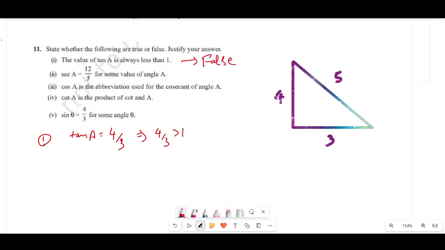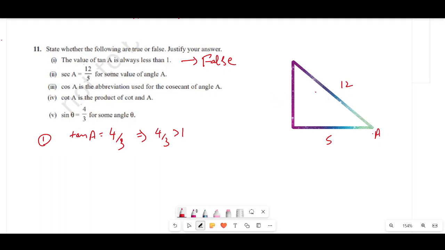Now if you take sec A equal to 12 by 5, if you draw another triangle, and remove this. Now if you consider this as A and sec A here, that means cos A, base by hypotenuse. So this will be base, this will be hypotenuse.